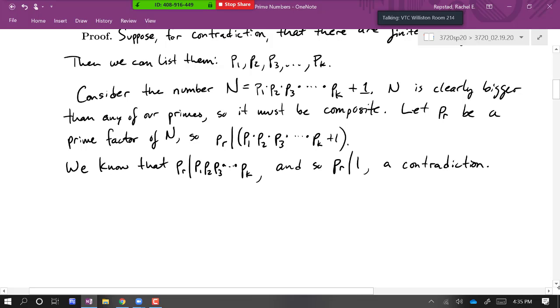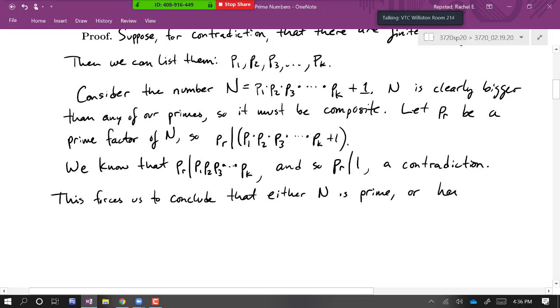So what this forces us to conclude is that either N is prime or has a prime factor that's not on our list.